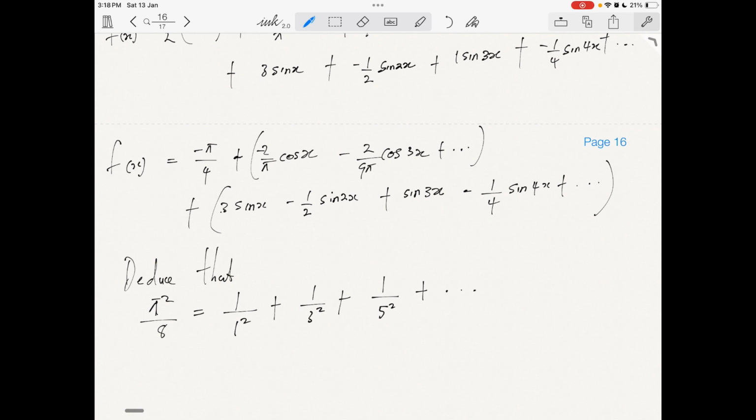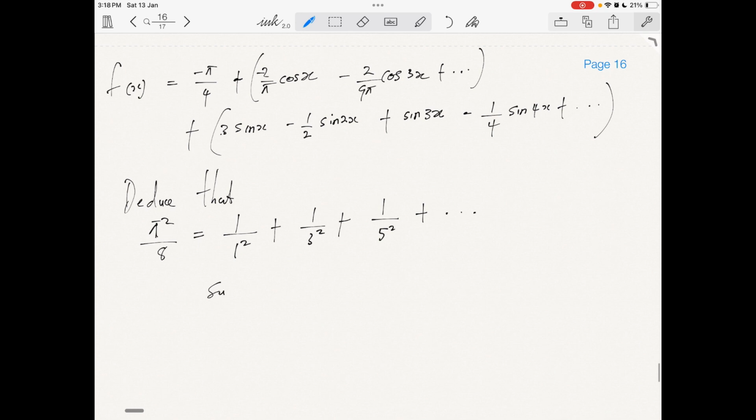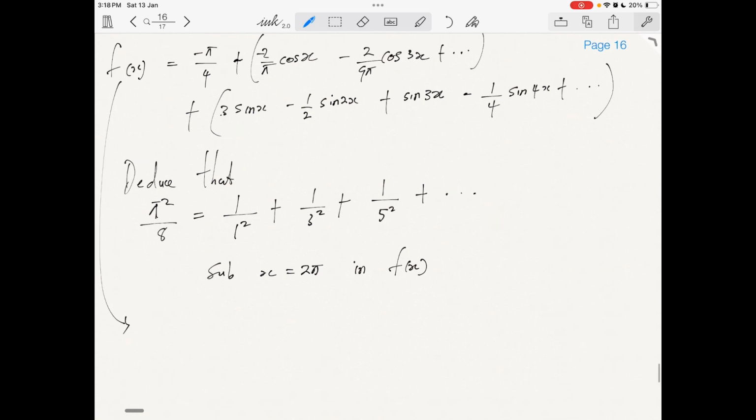So the way to do that is to substitute x to be equals to 2 pi, sorry, in f of x. So wherever we see x, we substitute 2 pi.